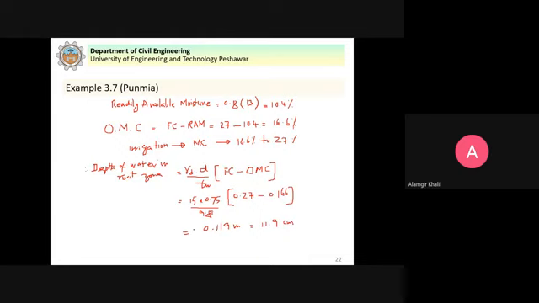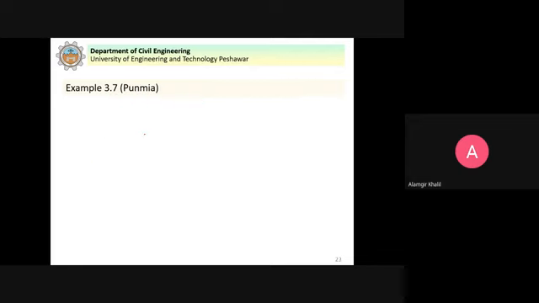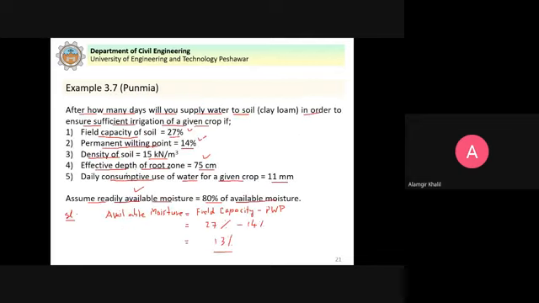Clear? Now, the depth of water available for evapotranspiration is 11.9 centimeter. This is the depth of water that is available for evapotranspiration. Now what we are given here, the daily consumptive use of water for the given crop, is 11 millimeter per day.